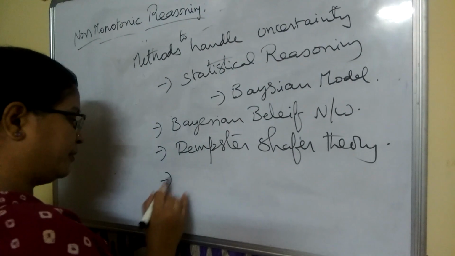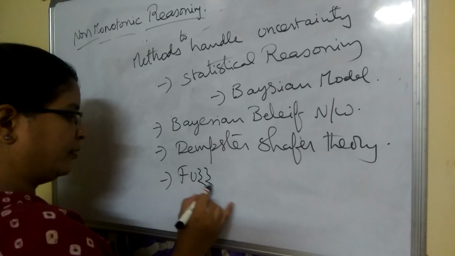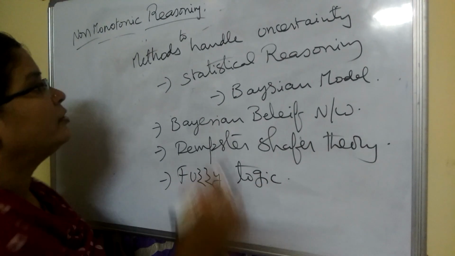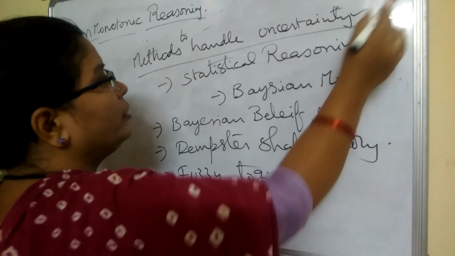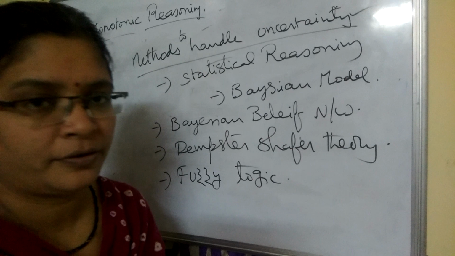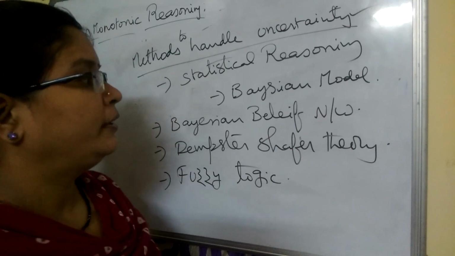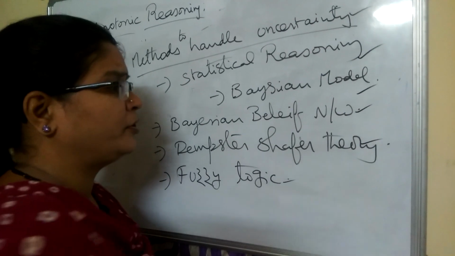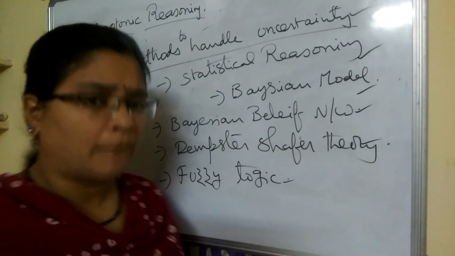And fuzzy logic. These are some of the methods which are used to handle uncertainty conditions and uncertain situations. Using these methods, we can effectively handle the uncertain situations.